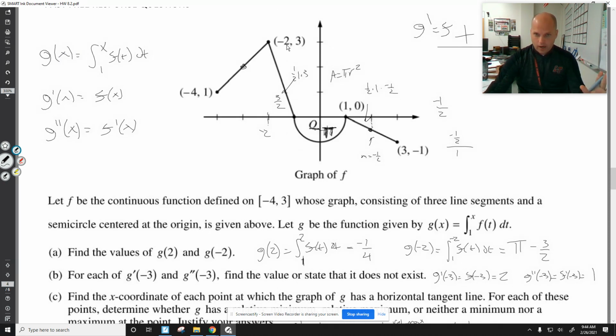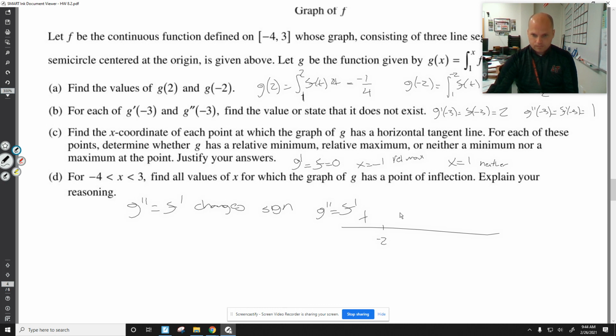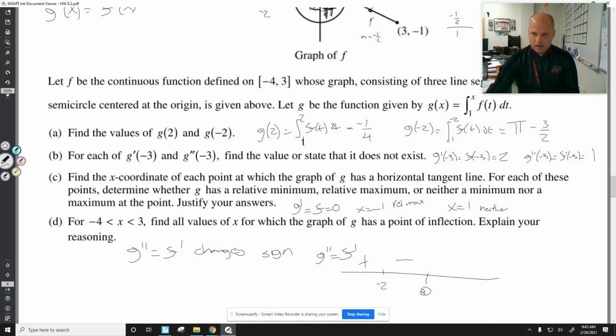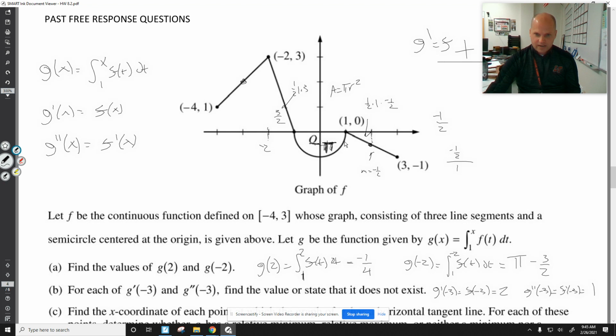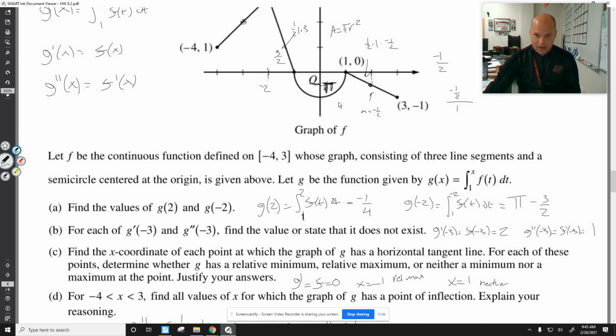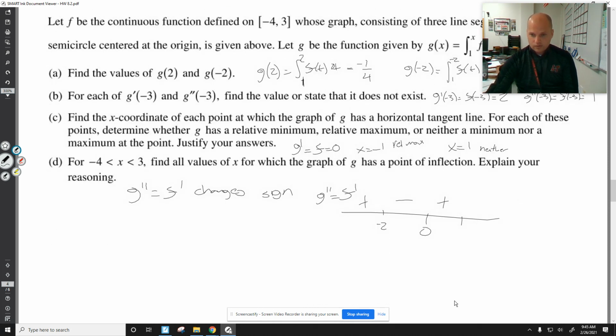Sharp point, don't care. It goes from positive to negative slopes. The slopes are negative still until I get to this point right here at 0. At 0, we change slopes from negatives to positives. Positive slopes until here at 1, and then we change to negatives.